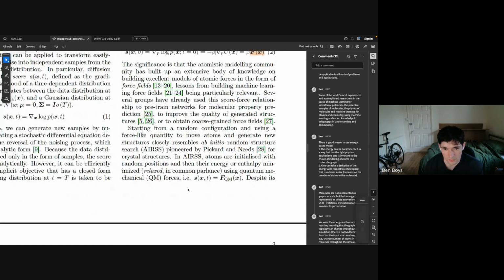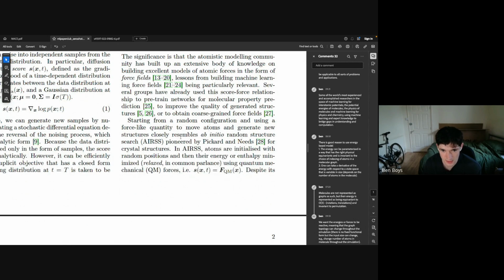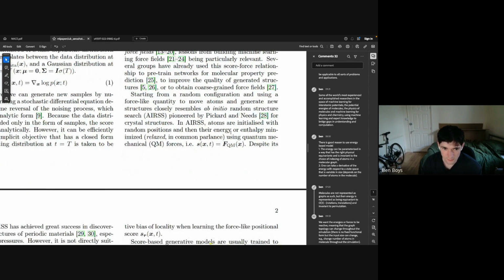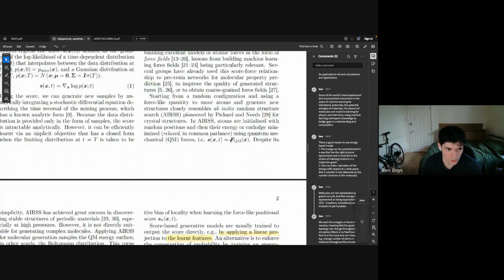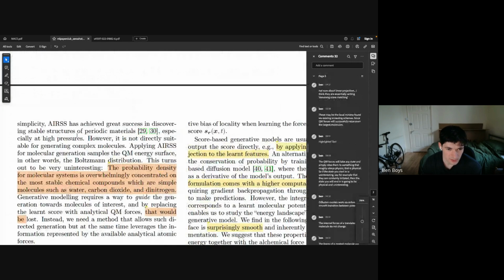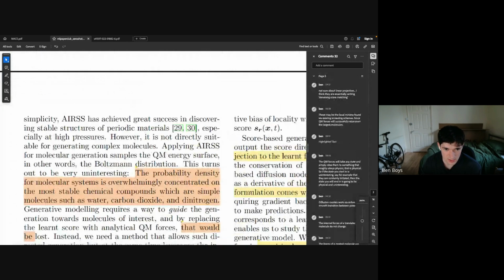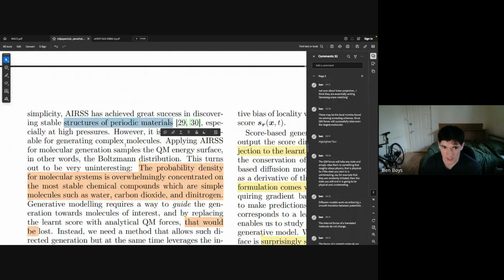However, starting from a random, uninteresting configuration of uncorrelated atoms in a soup, using a force-like quantity to move the atoms to generate physical structures doesn't work so well, apart from in very specific conditions like periodic materials under high pressure.